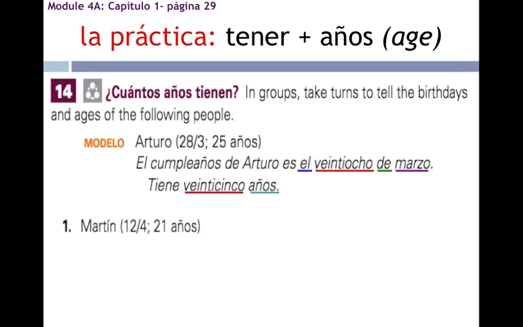So let's do a práctica. We have Martín, su cumpleaños, la fecha y su edad. ¿Cuándo es el cumpleaños de Martín?